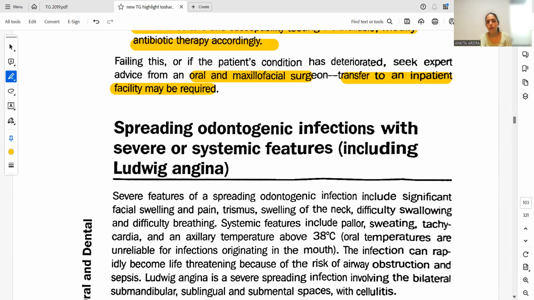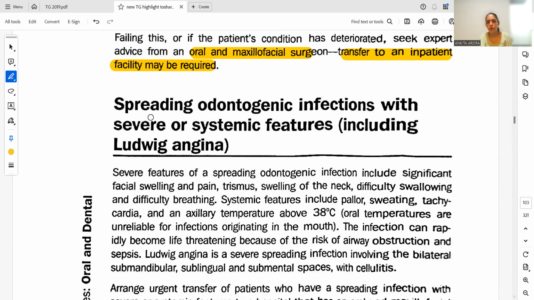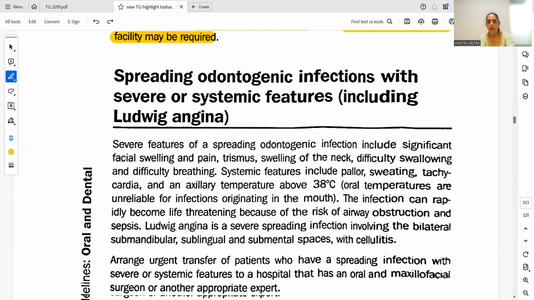The last part is spreading odontogenic infections with severe or systemic features, which may be Ludwig's angina also. Severe features of spreading infection include significant facial swelling and pain, trismus, swelling of the neck, difficulty swallowing, difficulty breathing.